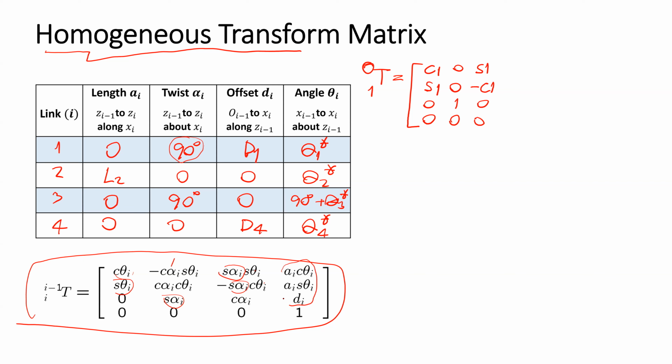The link length is 0, so these two components are 0. The link offset is D1. So we have the first homogeneous transform of link 1.